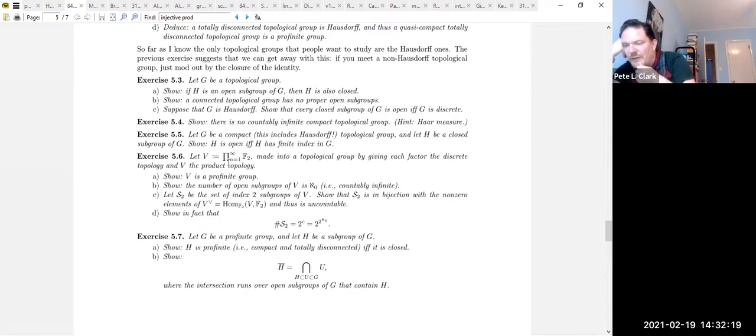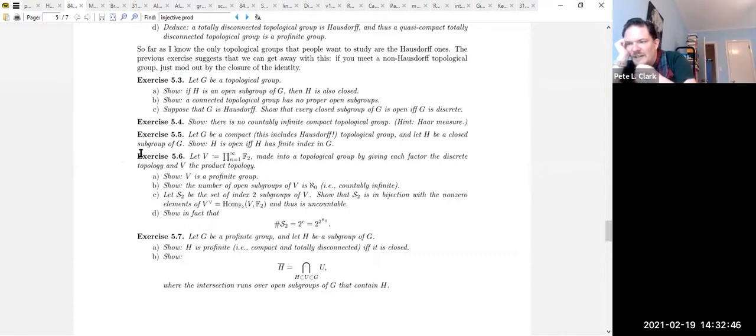And those subgroups are open immediately by the definition of the product topology, right? So you can visibly see a countably infinite number of open subgroups of index 2, each one of which is itself a Cartesian product, right? It's not super hard to show that in fact the total number of open subgroups is countably infinite.